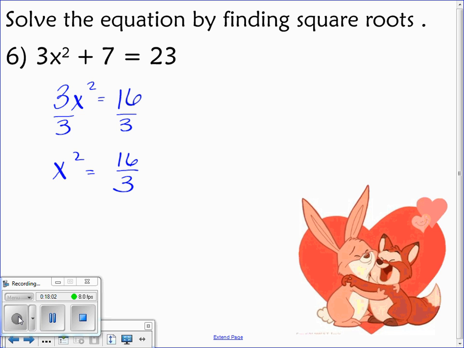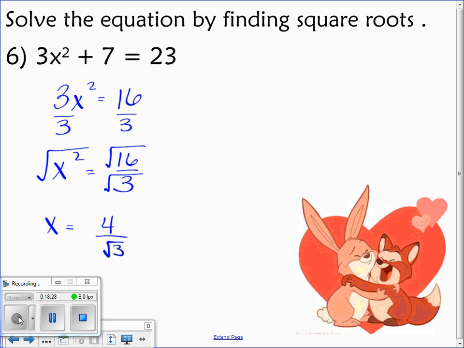Then, to get rid of the x squared, we take the square root. We do top and bottom separately. So x equals square root of 16, 4. Square root of 3. You're not the only one who did a factor tree. But you realize, though, if you don't have any singles, that it was perfect, right?